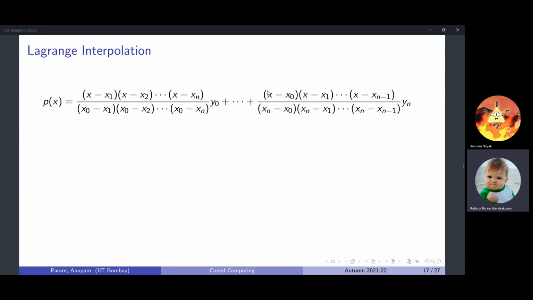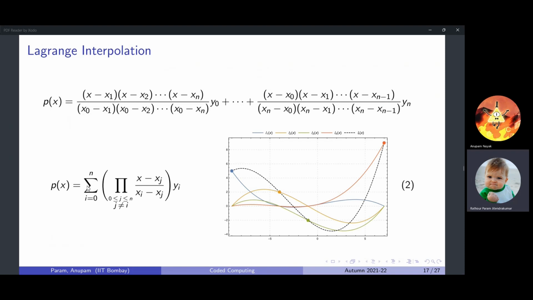Okay, so now what we will do is, the Lagrange coded computing does a similar thing, but it's Lagrange interpolation. So in Lagrange interpolation, we have p of x equal to this term here, a summation of some products. So first we will just consider the point x0.